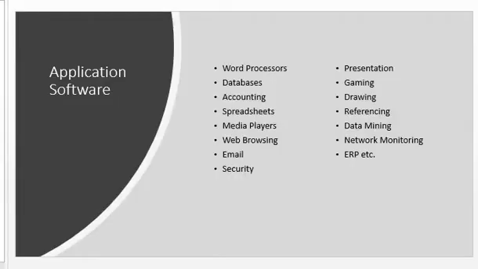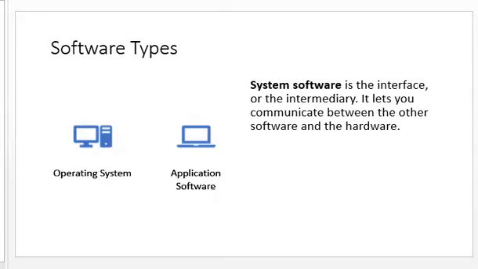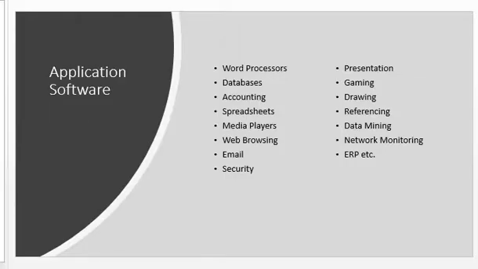Then the next item that we want to talk about is application software. Remember, in the previous slide we said there are two main categories of software, which are operating system and application software. Application software is software that performs specific tasks for the user.